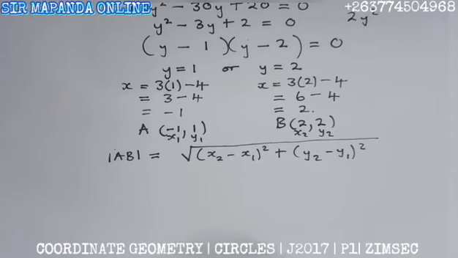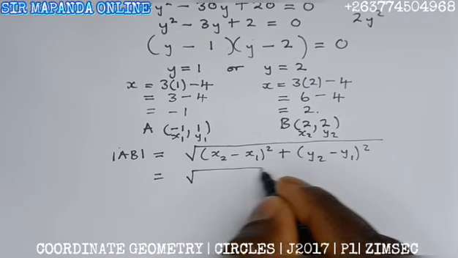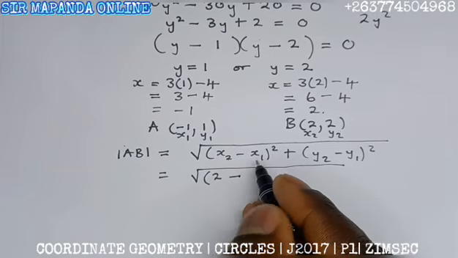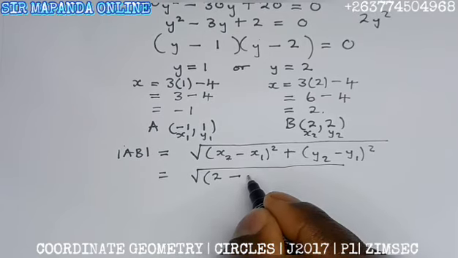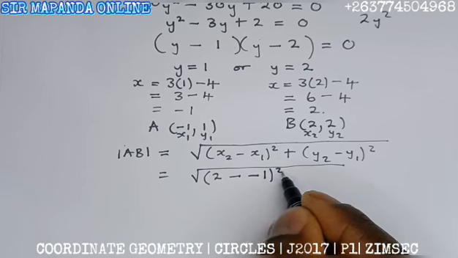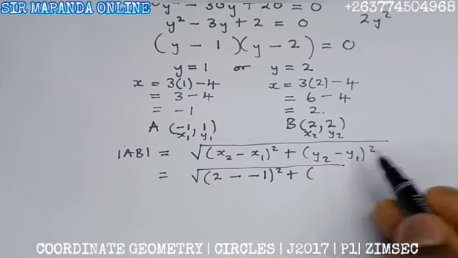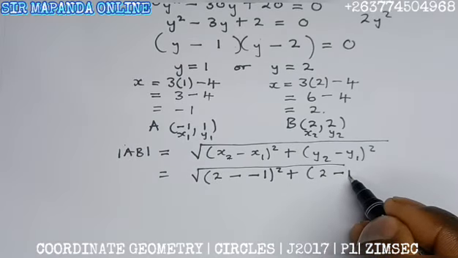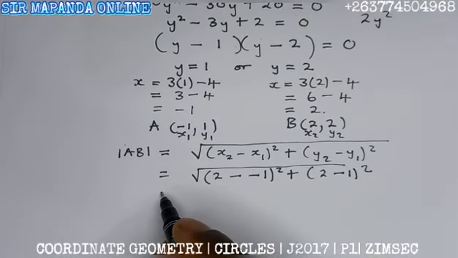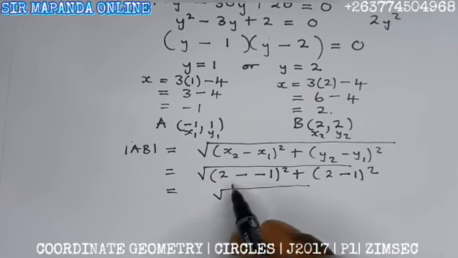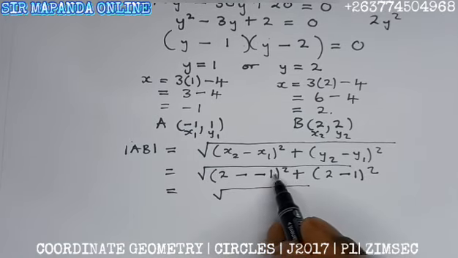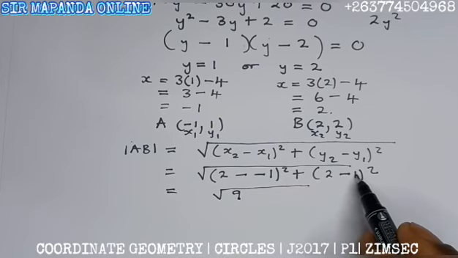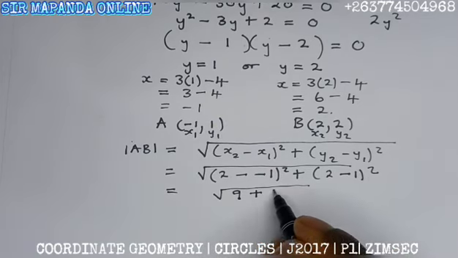Substituting this in our formula, we get square root of x2 is 2 minus x1 is minus 1, so it's minus 1 squared, plus y2 is 2 minus y1 is 1, then you put squared. So what do you get? Here you get 3. 3 squared, it gives you 9. Then 2 minus 1 is 1. 1 squared, you get 1.